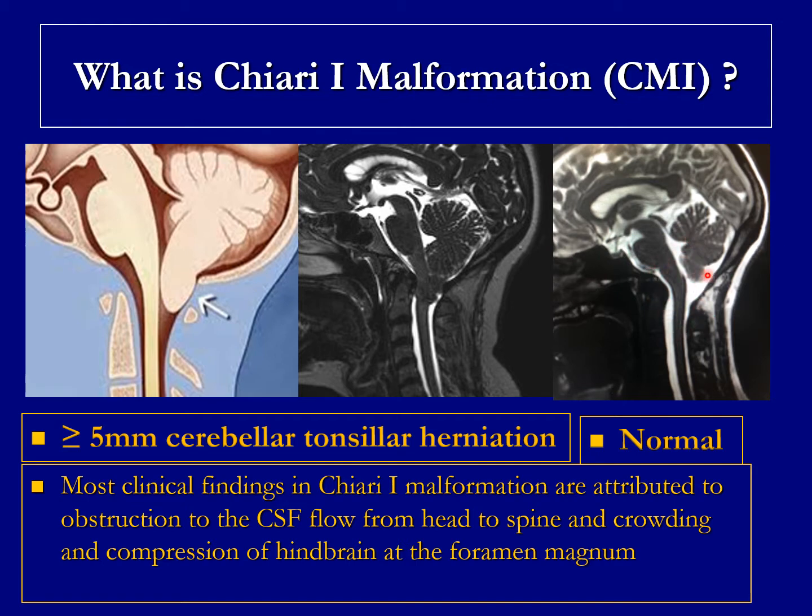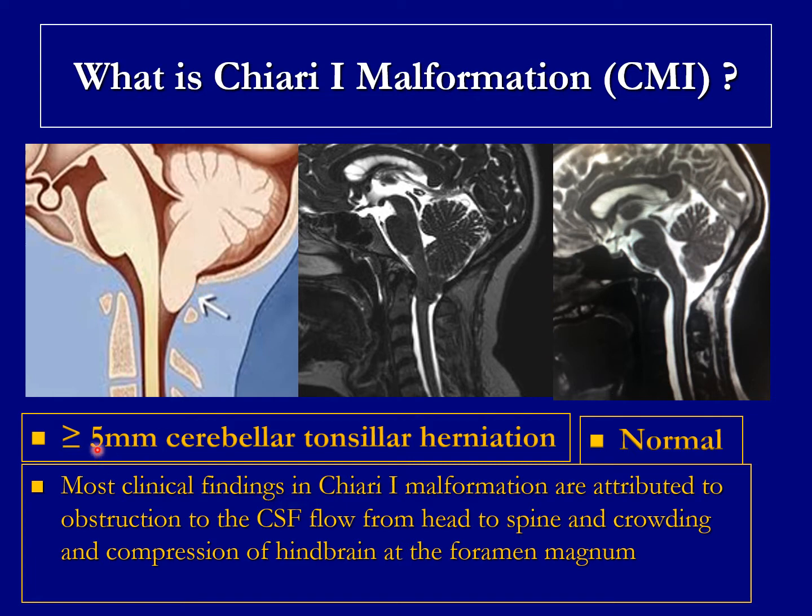If you draw a line at the foramen magnum, the cerebellum is above the level of the foramen magnum. Coming back here, you can see that the cerebellar tonsils are projecting below the level of foramen magnum, and foramen magnum is the area which separates the head and the spine. So when the tonsils extend from the head to the spine, that is where we call it Chiari malformation.